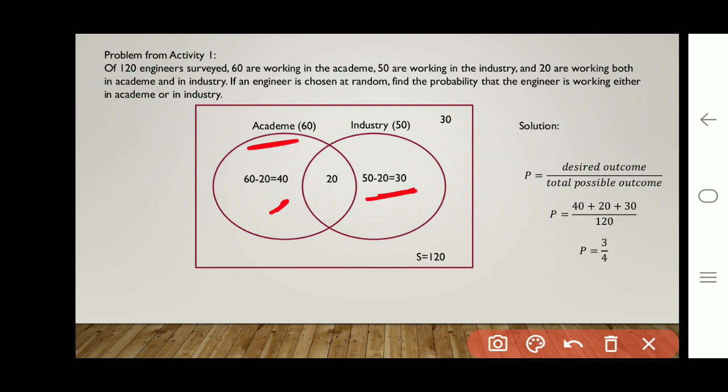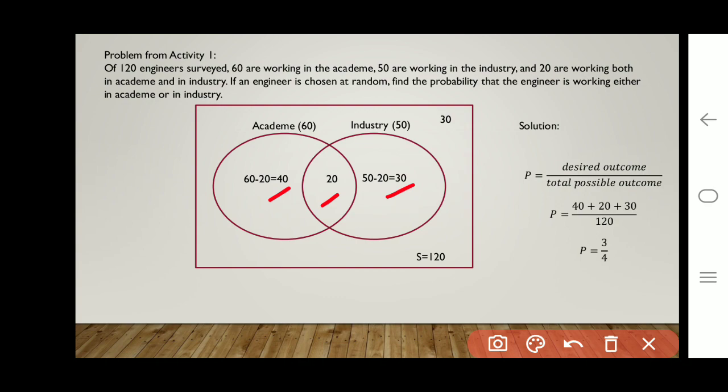Kasi kung yung 60 and 50 ang nilagay natin dito sa loob, so sobra na siya sa 120, diba? Kasi nadoble yung bilang ng 20. Nabilang na siya dito kay 60, nabilang pa siya dito sa 50 sa industry. Kaya mina-minus natin siya dun sa given na kabuuan.